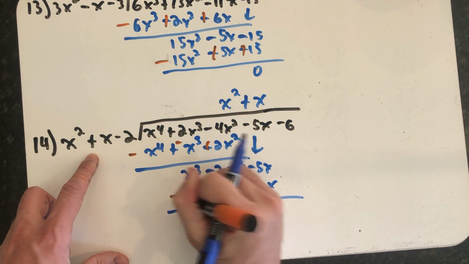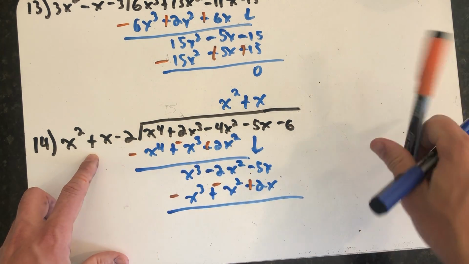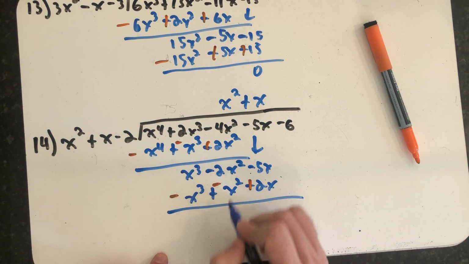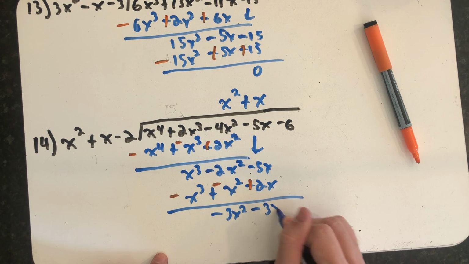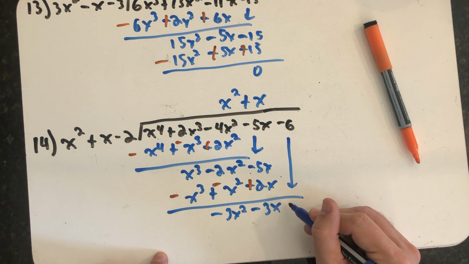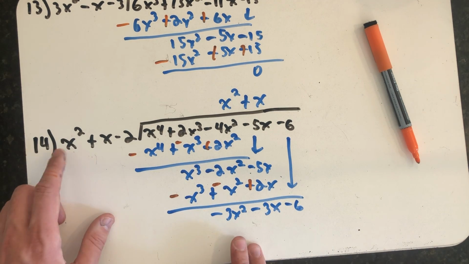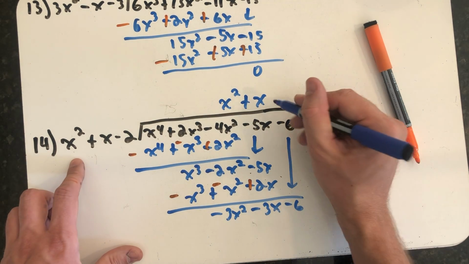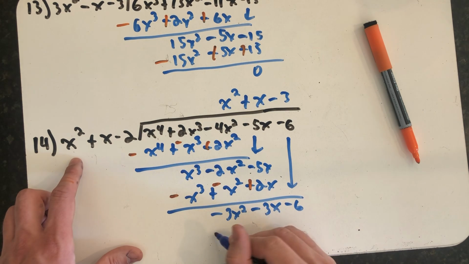Change all the signs to subtract. Those cancel. I get a minus 3x squared. I get another minus 3, but this time I've just x. I have to bring down that minus 6. All right, I need to multiply x squared by minus 3 to get that minus 3x squared.